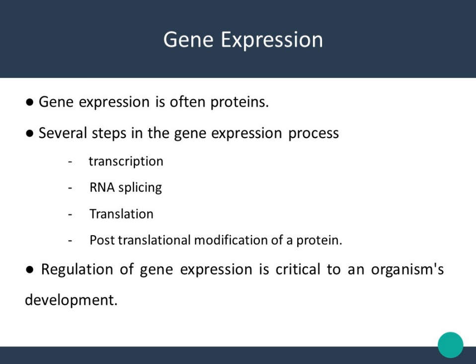The process of gene expression is used by all known life. Several steps in the gene expression process may be modulated, including the transcription, RNA splicing, translation, and post-translational modification of a protein. Gene regulation gives the cell control over structure and function.